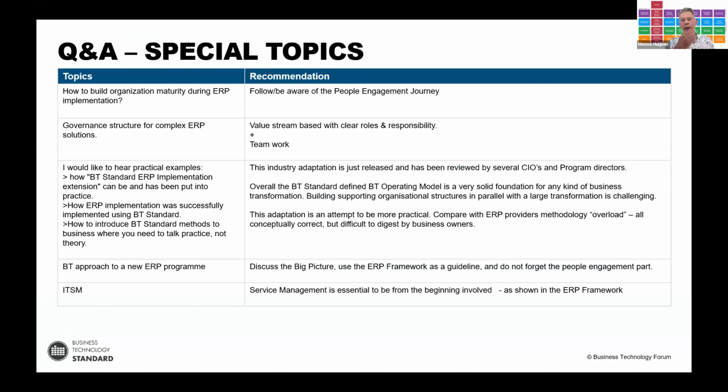Yeah, I tried to answer them in a few bullet lines, but this was definitely what I was showing, this inverted S-curve, this people engagement journey. Following that is definitely one way to help building the maturity. So being aware of the steps, and also taking more people on board during the whole journey.